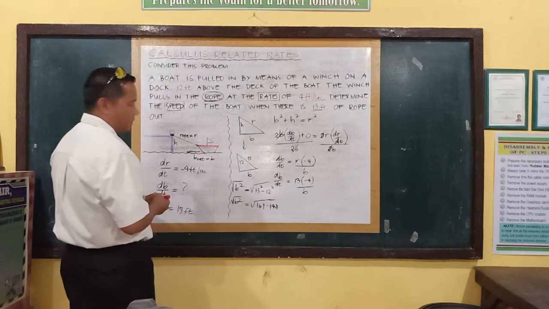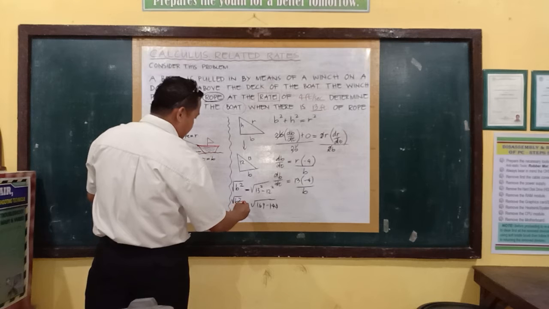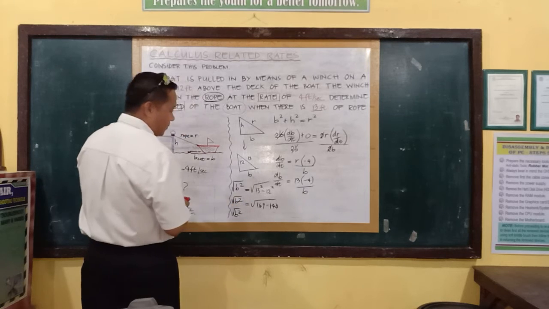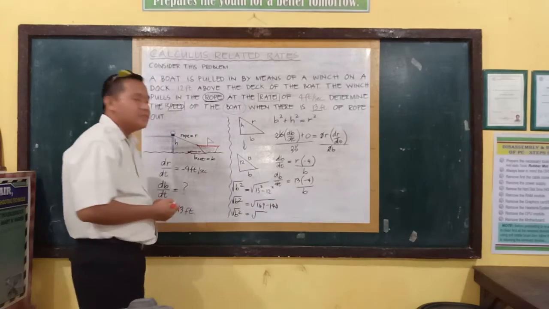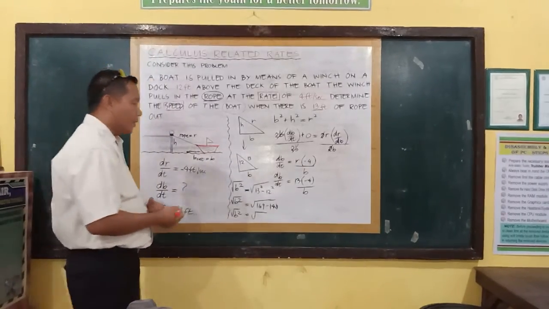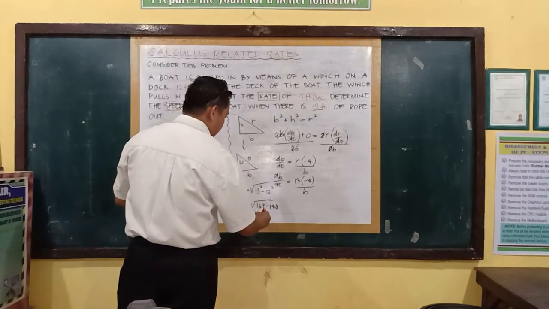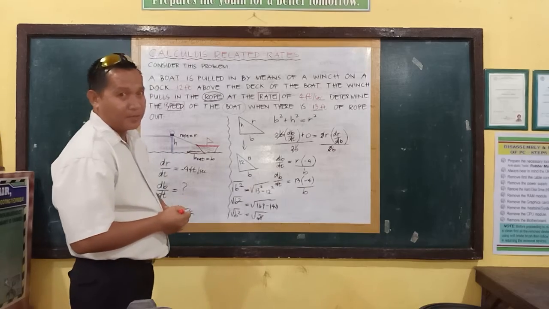That's it. Now we have to continue. The square root of B squared equals the square root of 169 minus 144 equals 25. Are we done? Not yet.